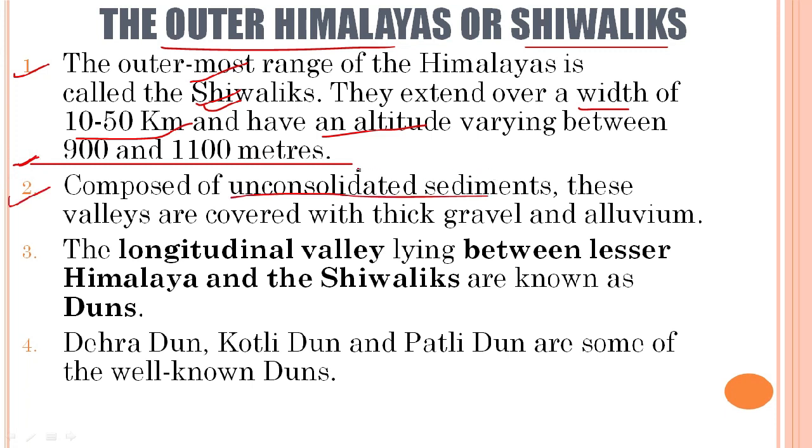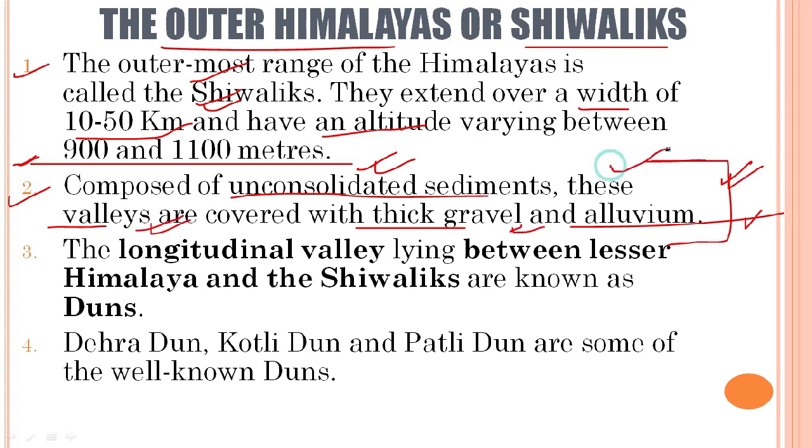Now in point number 2 we see that composed of unconsolidated sediments, these valleys are covered with thick gravel and alluvium. Now students, here in the outer Himalayas or Shivaliks, the sediments are not consolidated. It means they are not very much compressed. There is a lesser force of attraction among the particles.